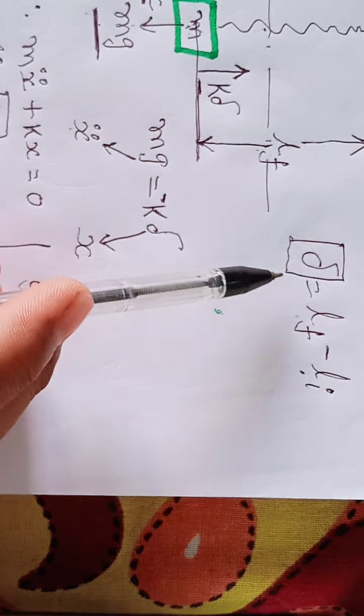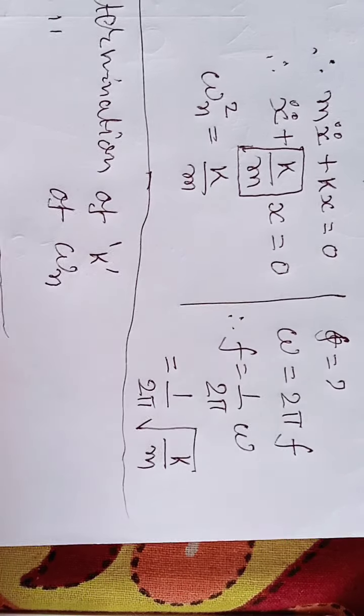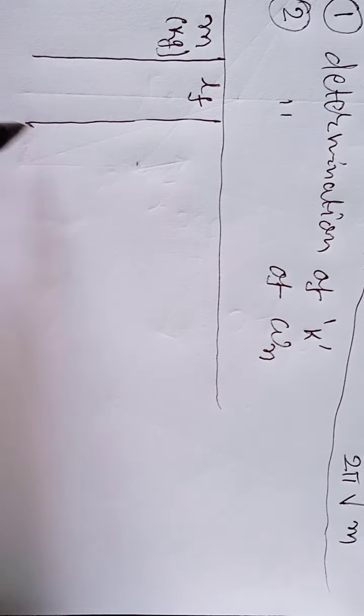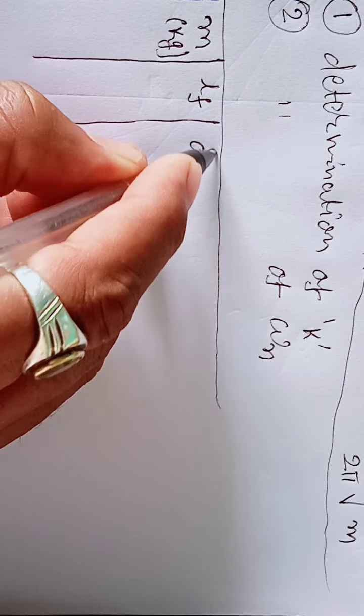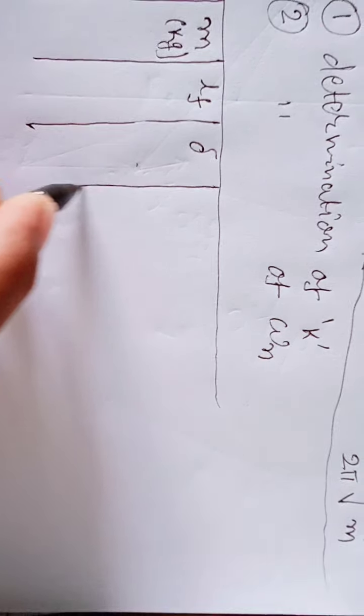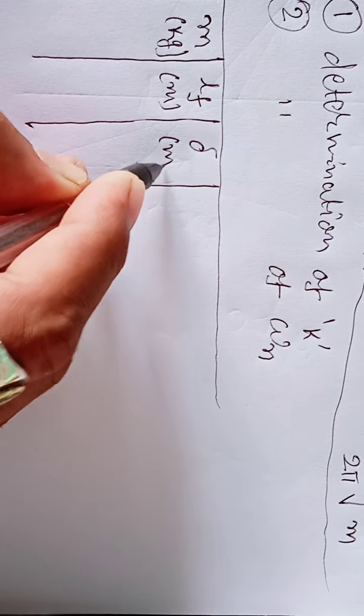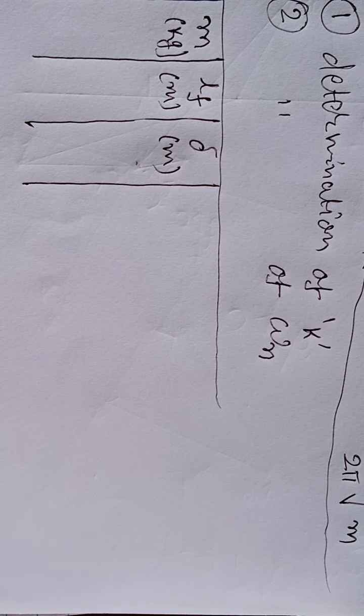and deflection is nothing but final length minus initial length. So deflection can be calculated. All these values are in meter, mass in kg.